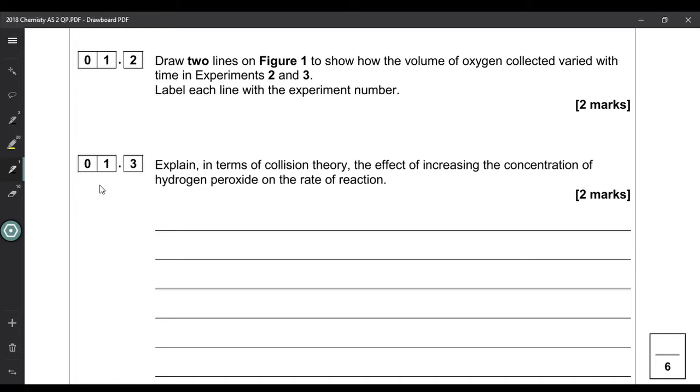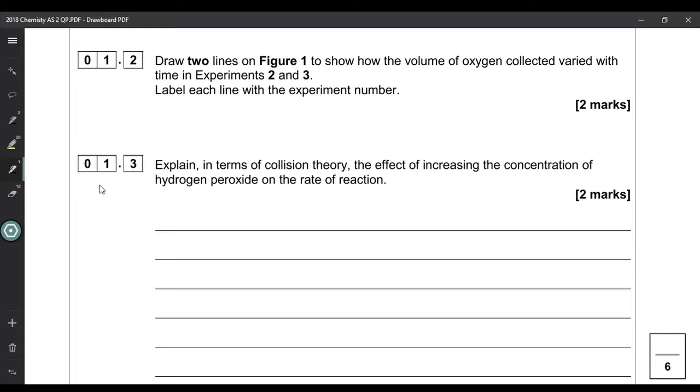We've got to say there's more frequent collisions, but also that they're successful, because if those particles don't have enough energy, they could collide, but they're not going to react, so the reaction rate's not going to go up. So the key things to include in your answer are not just that there's more molecules per unit volume, but the collisions are more frequent and those frequent collisions are more successful.